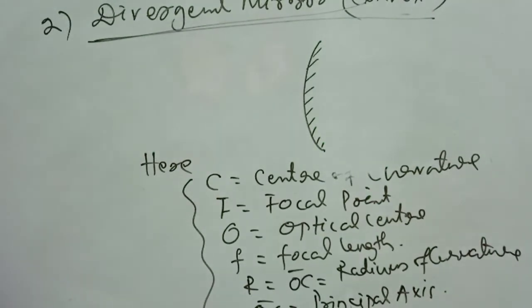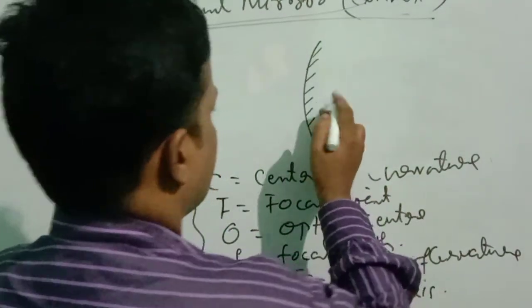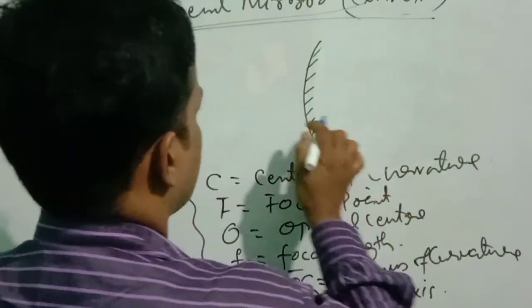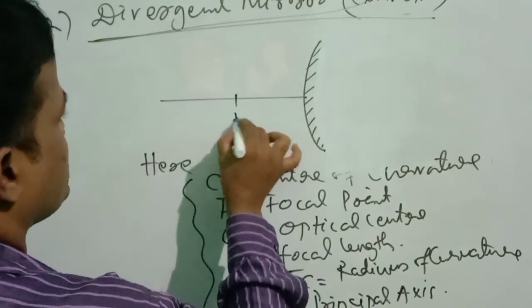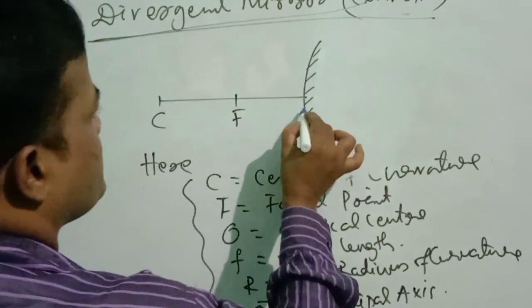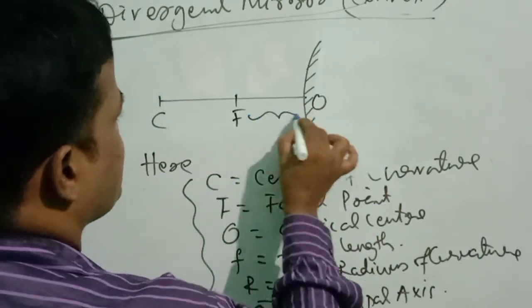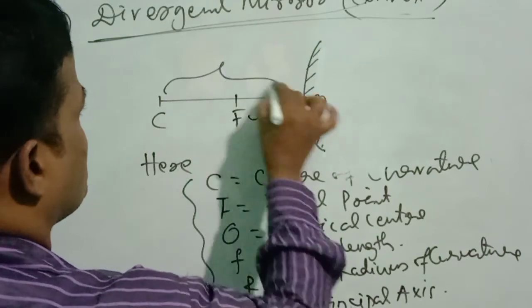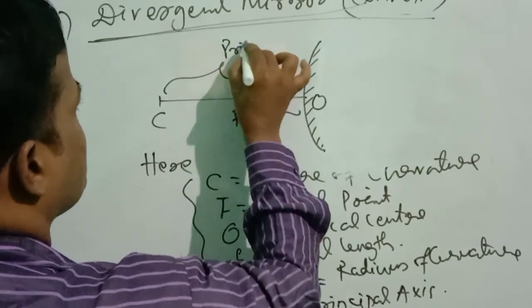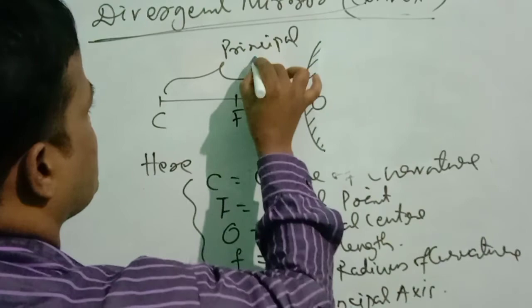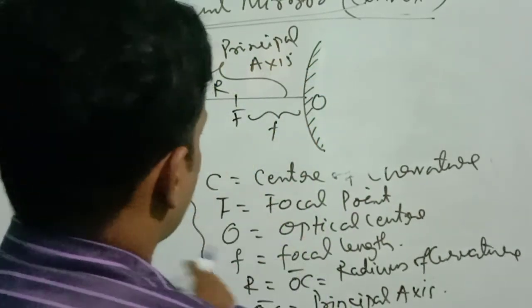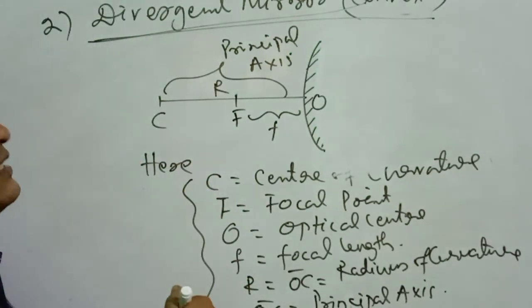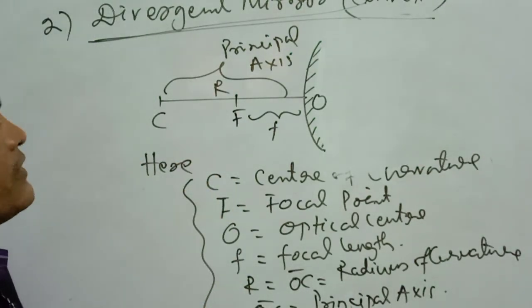Okay friends, this is called the convex mirror. In this case, this is your focus, this is your center of curvature, this is the optical center, and this distance is called the focal length. This is the principal axis, and this is also called the radius of curvature. This is all about the convex mirror, otherwise called the divergent mirror.